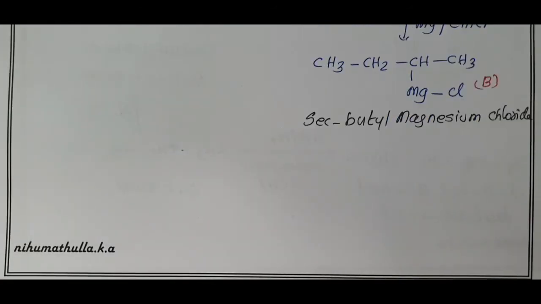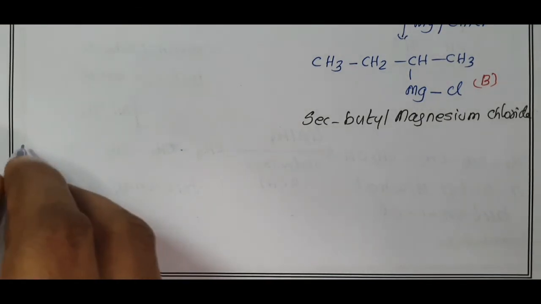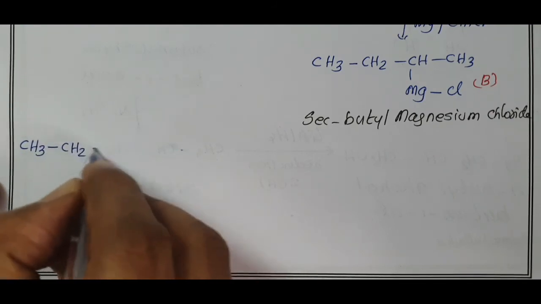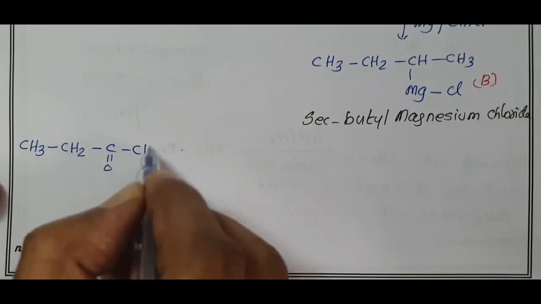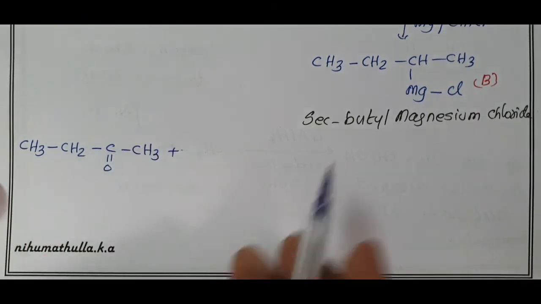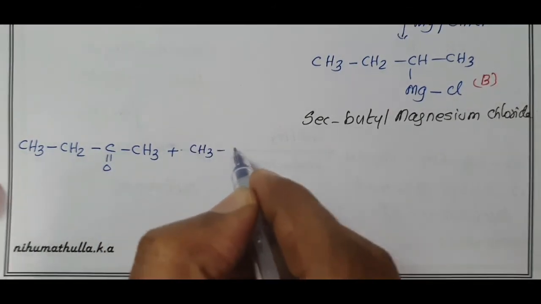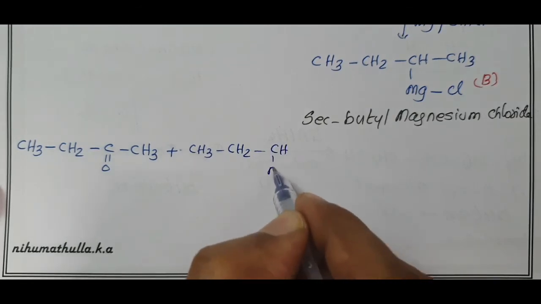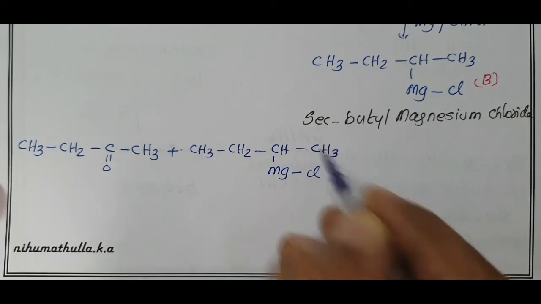Now compound B reacts with compound X. What is our compound X? Butan-2-one, CH3, CH2, C double bond O, CH3, plus compound B, CH3, CH2, CH, MgCl, CH3.